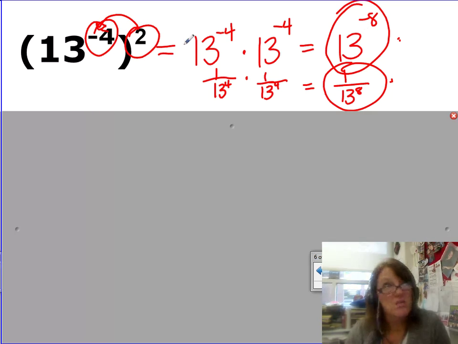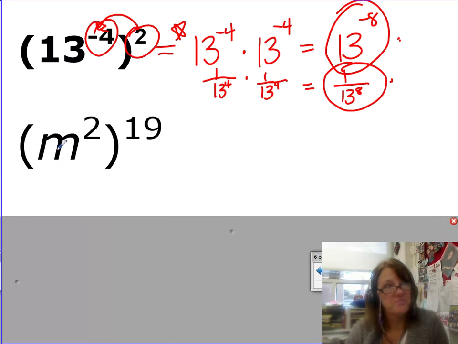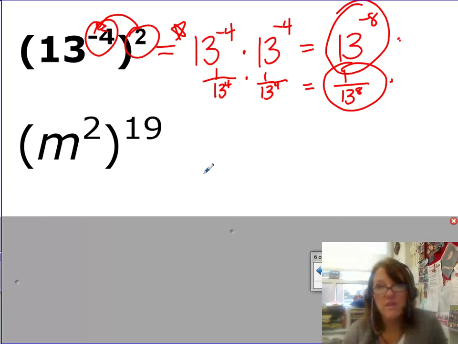Okay, there's nothing wrong with writing it out. Don't get me wrong. But if you can see the pattern, it simply will make your work that much more efficient. M squared to the 19th power. All right, hold on here. Good gracious, I do not want to write m squared, m squared, m squared 19 times.